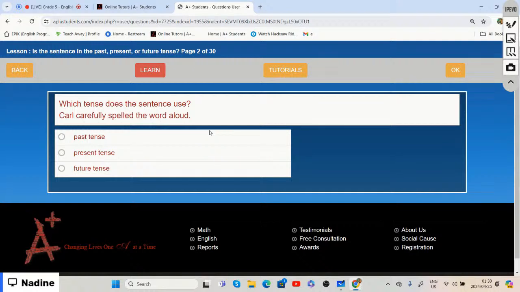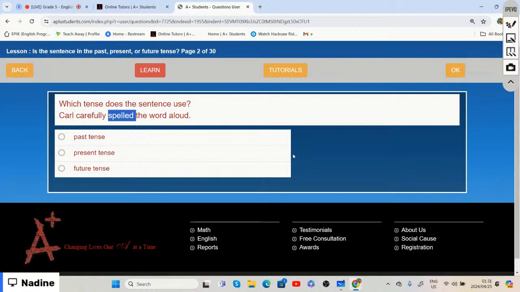Remember, we said the rule for the past tense is that it ends with ed. And if we look at this word, spelled, carefully, Carl spelled the word aloud.